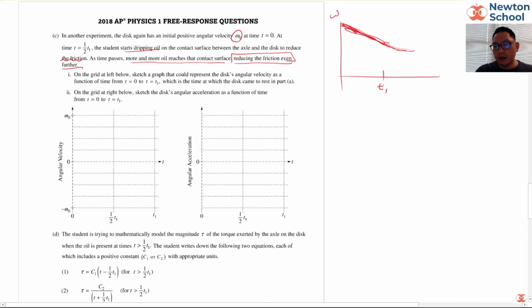But we can just say this one drops like that, right? So here you can say omega naught, it drops linearly, then it has a smaller slope. I don't like this part because this says steeper, so I want to make a smooth curve like that. Okay. I made this slope too small.